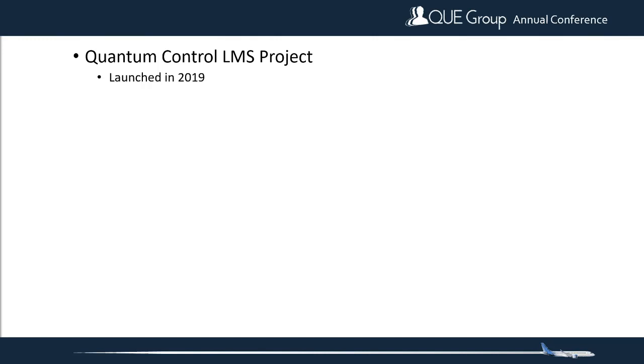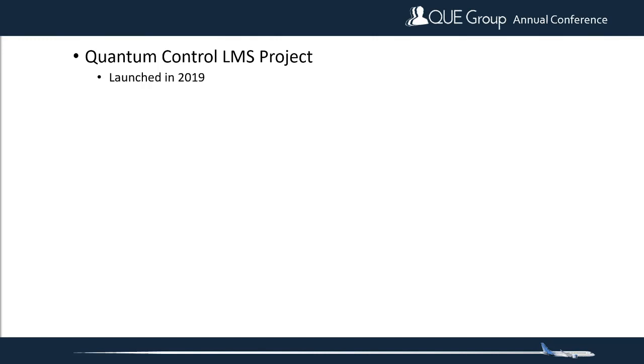This would include an introduction to the cloud environment, navigation of the Quantum Control application, and courses on the core modules of Quantum Control. The core module content would include things such as inventory control, company management, customer quotes, sales orders, and purchase orders. All of which would be a great introduction to the application to any new user of the software.